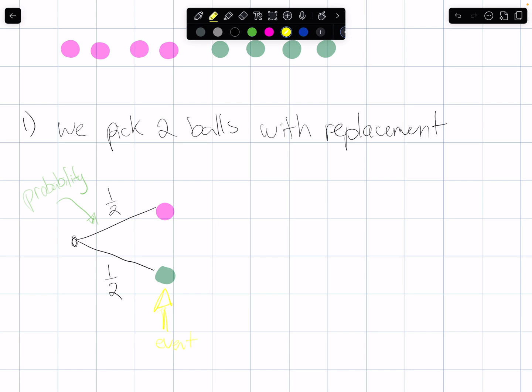One of the most important things is what would be the chance that I pick either a pink or a green ball.